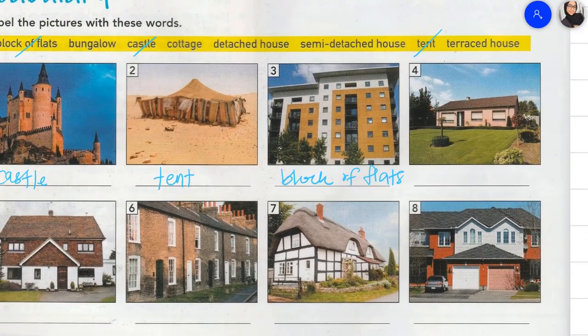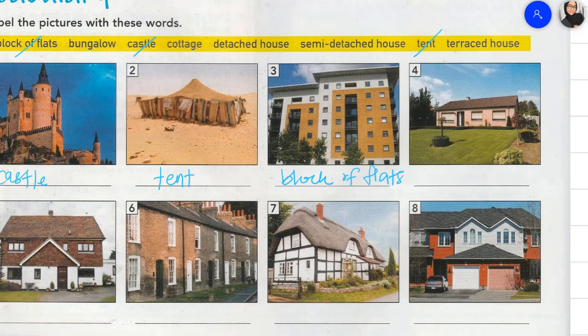What kind of house is that? Could it be a detached house? Could it be a semi-detached house? What is the difference between detached and semi-detached? Detached comes from the word attach, but the opposite.